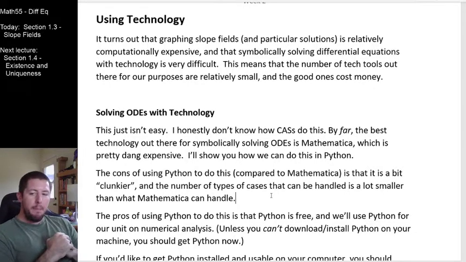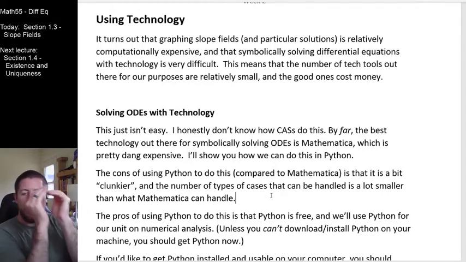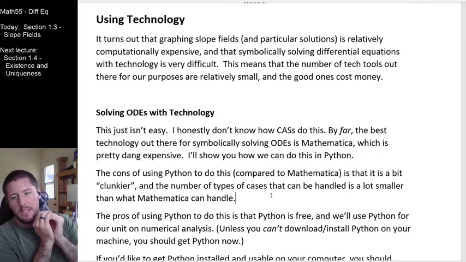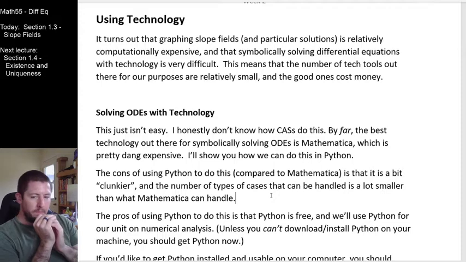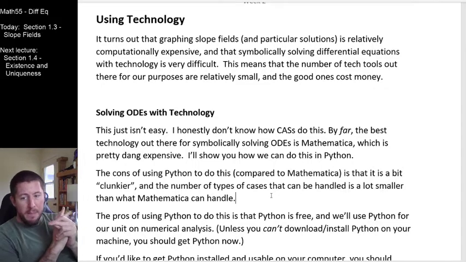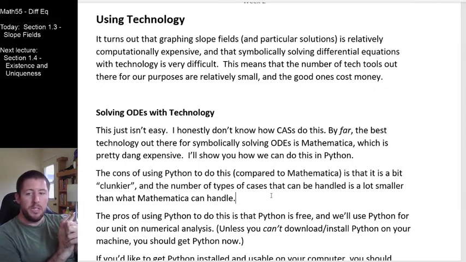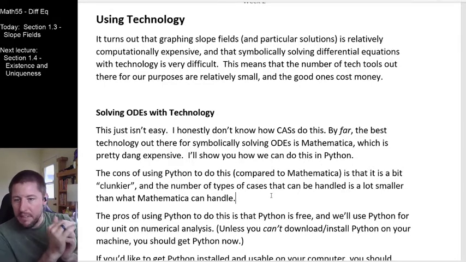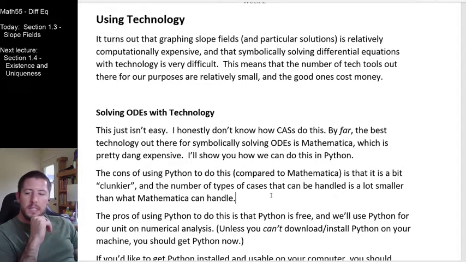By the way, I keep on saying Python, but it's not Python broadly. It's the one specific library of Python content that we're going to use. But anyway, the point is, Mathematica is incredibly robust with this. It can do a ton of stuff. Python can handle a smaller set of cases, but it's really going to handle most of the cases that we're interested in this semester. So that's good for us for now, at least.